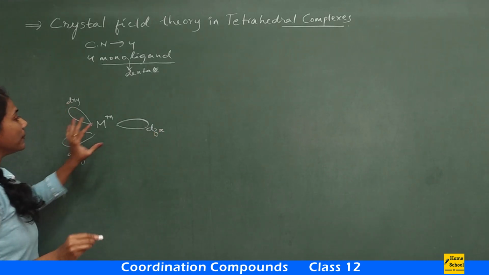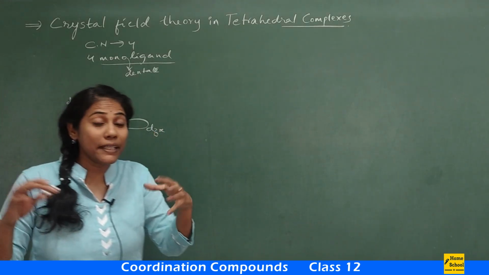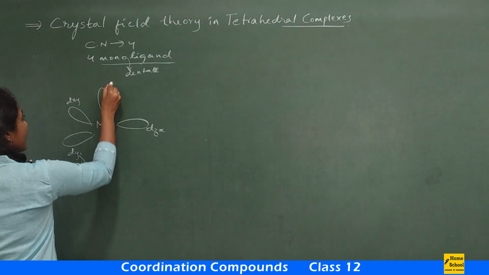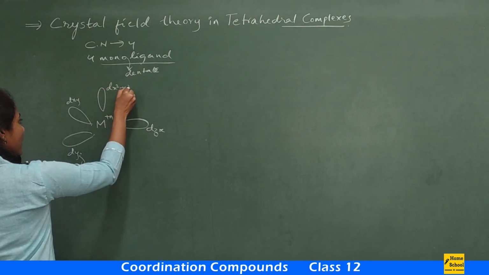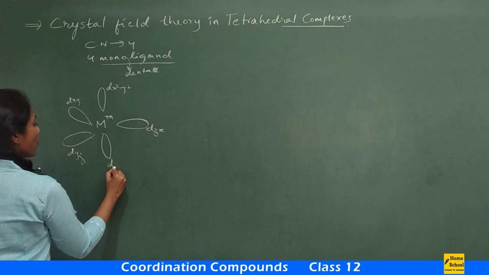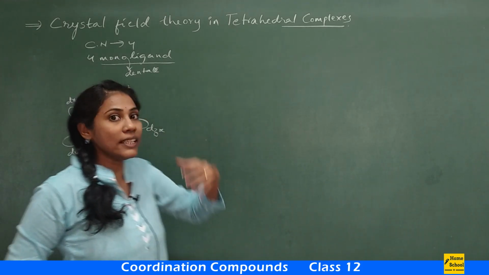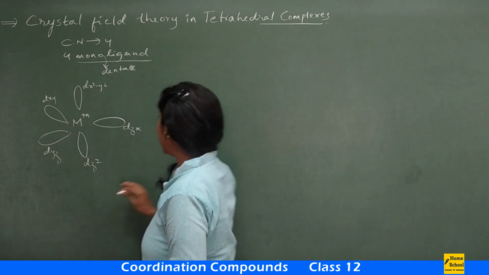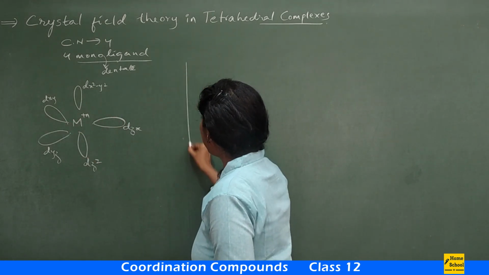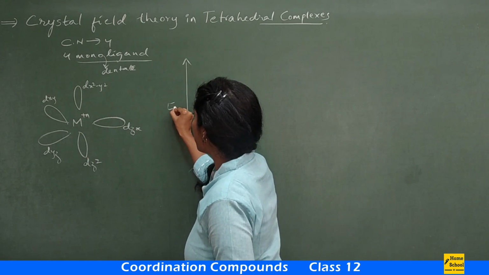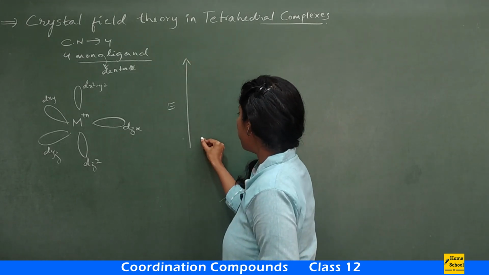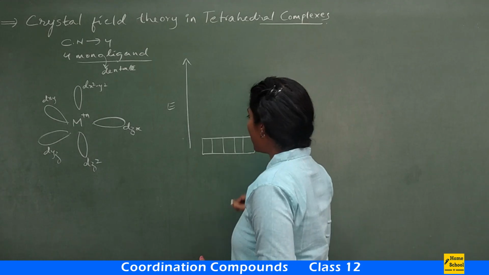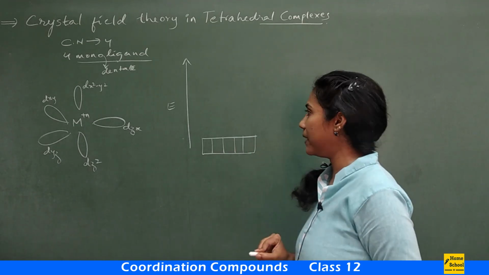These 3 orbitals lie in between the axes, whereas the orbitals dx square minus y square and dz square lie along the axes. Initially, just before approaching any ligands, all the orbitals had equal energy. Suppose this is the increasing order of energy, so all d orbitals have the same energy. We say they are the 5 degenerate d orbitals.